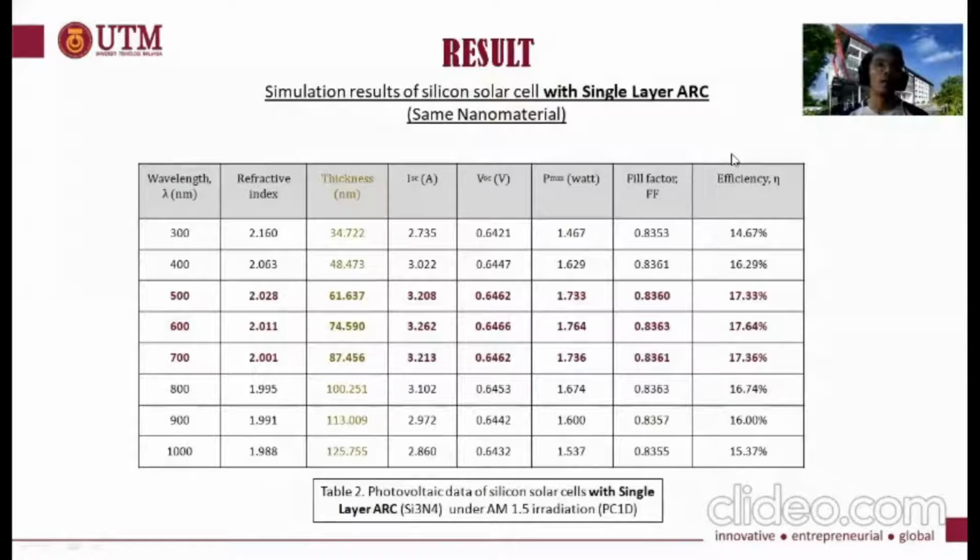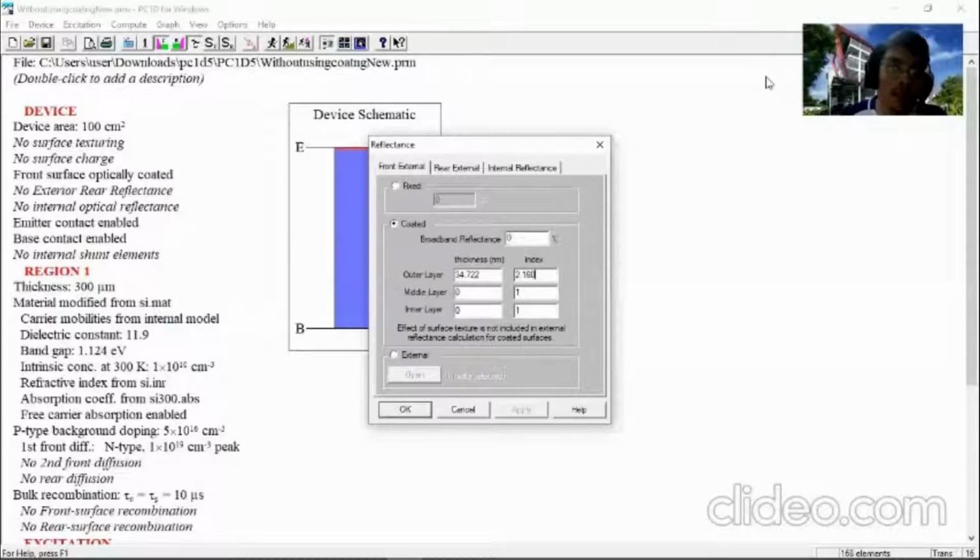After that, we continue the simulation with the solar cell with a single layer ARC. The selected material here is silicon nitride. I choose different thicknesses varying from 300 nanometer to 1000 nanometer. We use the thickness of 300 nanometer for our first single layer. The outer layer represents our single layer.